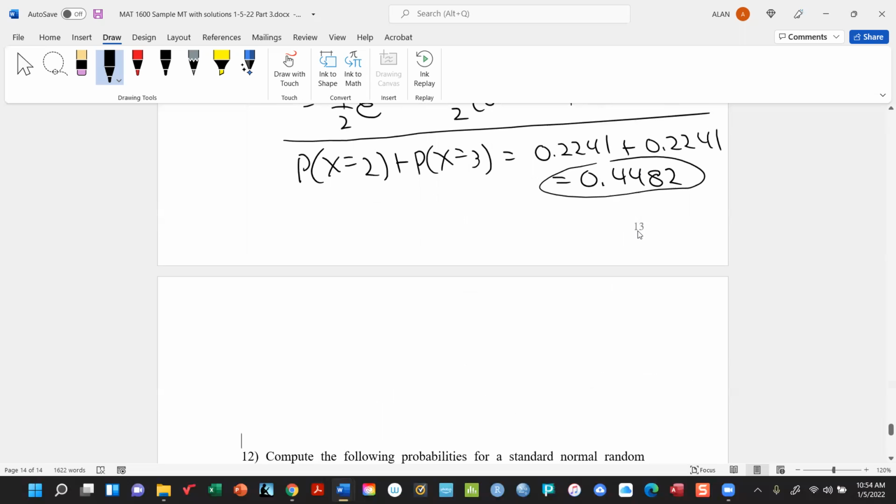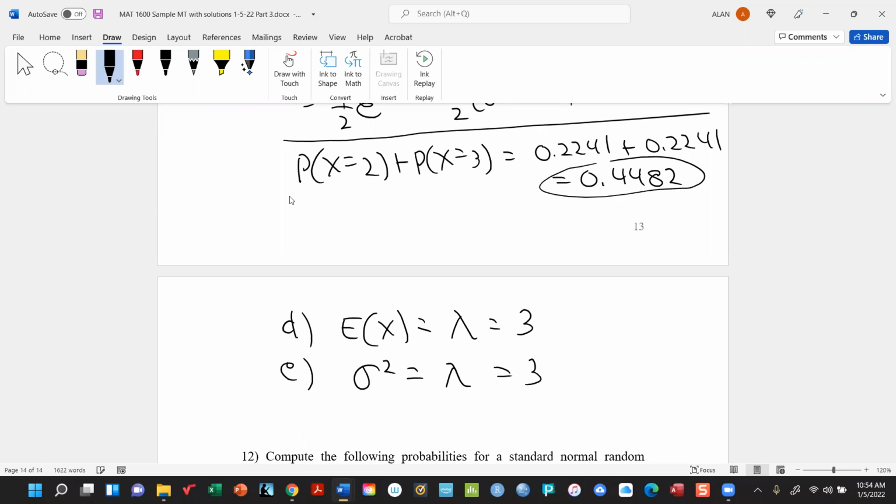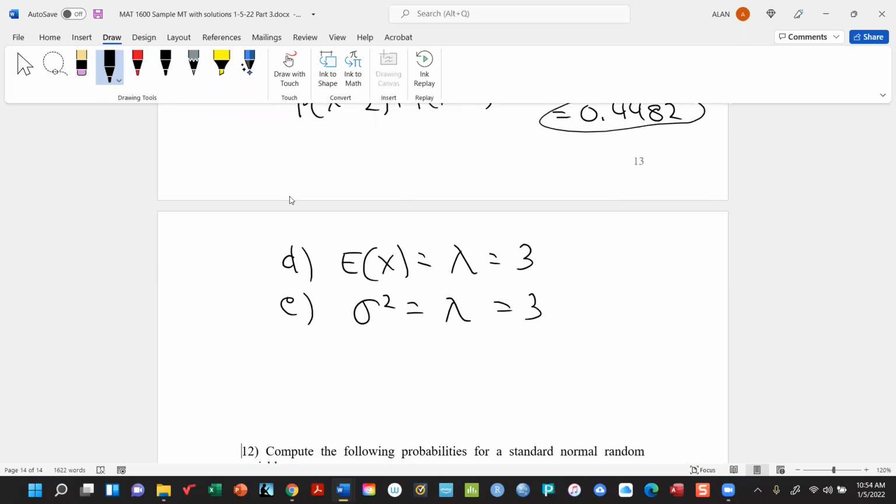Now, as usual, we need the moments, except remember for Poisson, the moments are a little bit different. The expected value, for example, is lambda. The variance is just lambda. And the standard deviation would therefore be the square root of lambda.